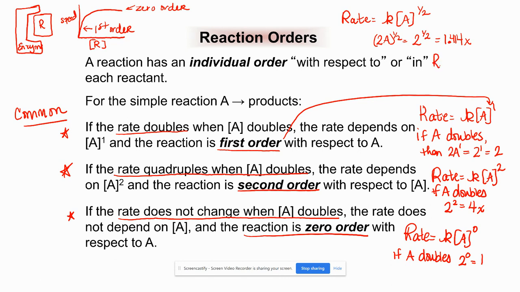You can have negative orders, uncommon, but it can happen. If you have a negative order, something unusual is going on. It would mean if you doubled the concentration of A, the rate would decrease by 1/2, because 2 to the negative 1.